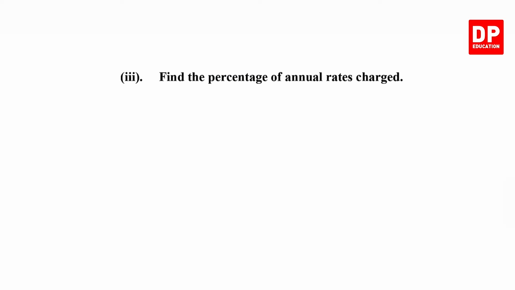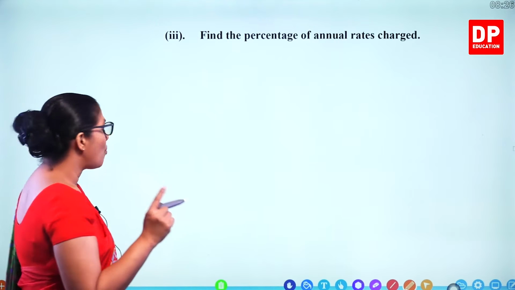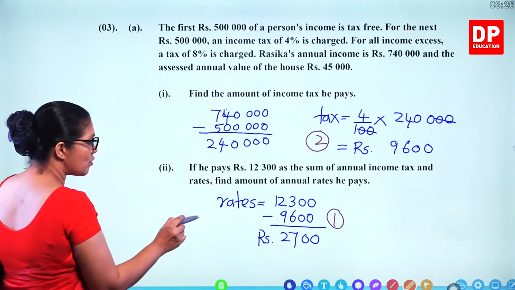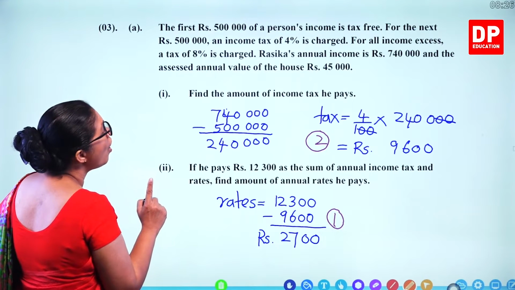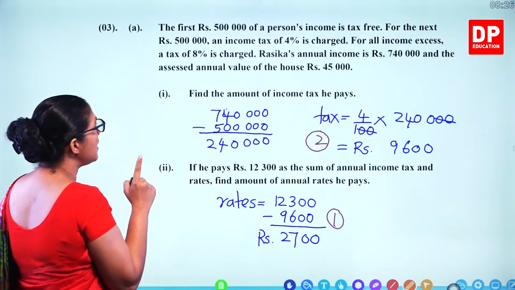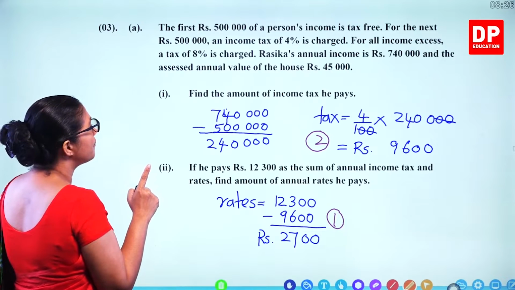Find the percentage of annual rates charged. So, what's the amount he paid as rates? 2,700 for 45,000 is the assessed annual value.